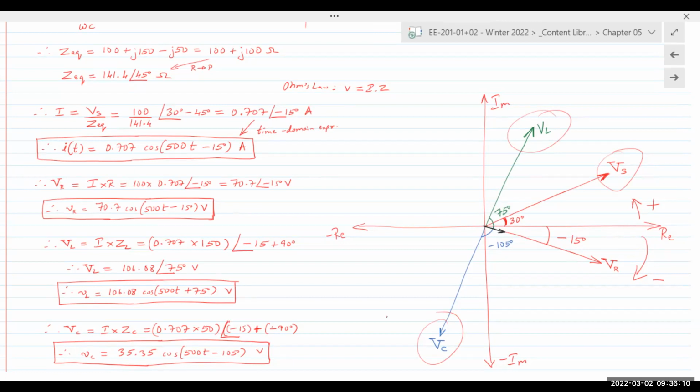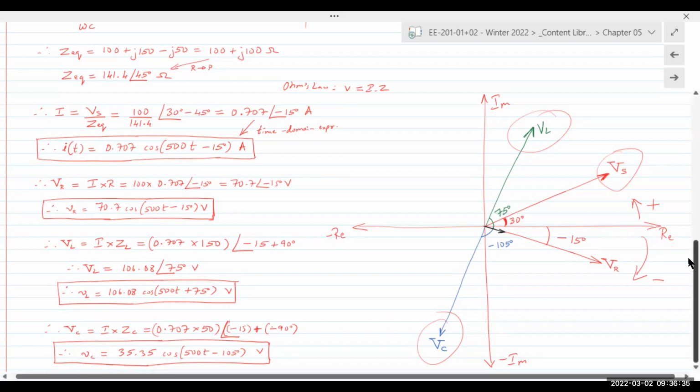If the connection is something else, if they don't share the same current, this phase difference would not be 180. It would depend on the circuit connections. But because they share the same current, these two components, the inductor and the capacitor, are out of phase by 180 degrees. One is plus 90, the other one is minus 90. Does that make sense to everyone? And that's the phasor diagram.